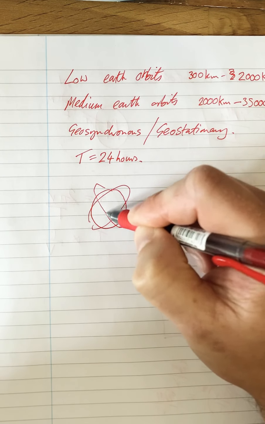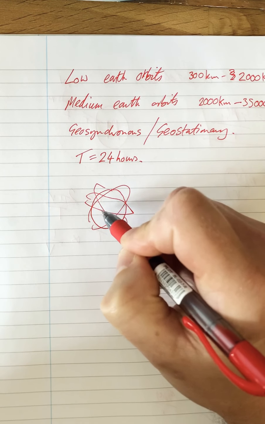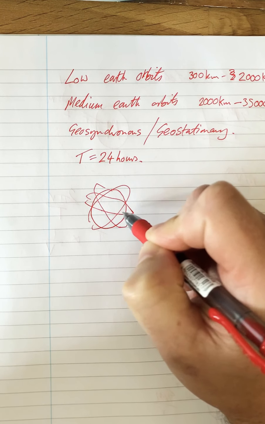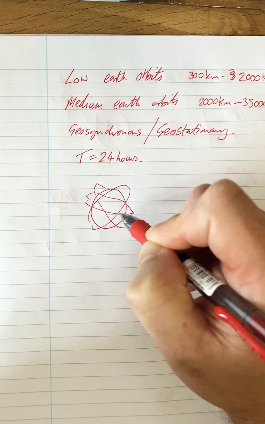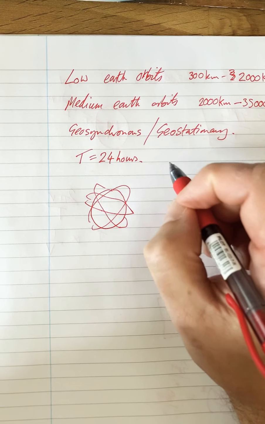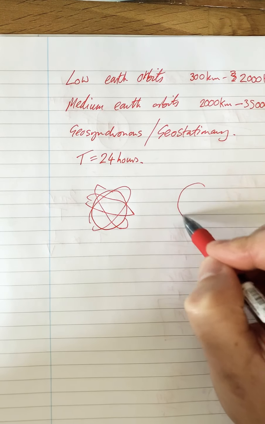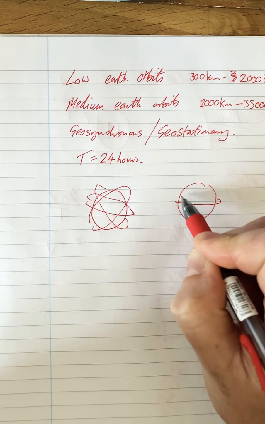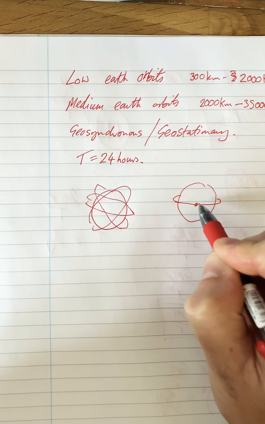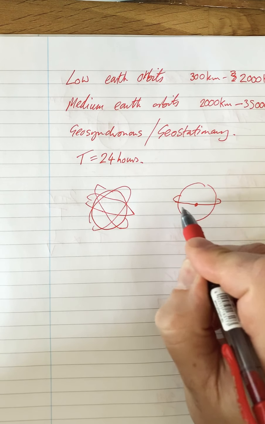It could be going around here, around here. It takes 24 hours. What it means is that at some point in the day, it will be at the same position every 24 hours, but it won't remain at that position above the Earth. That's a geostationary orbit, where it travels directly around the equator, and it's always constantly above that point. As the Earth rotates, the satellite will rotate with it.